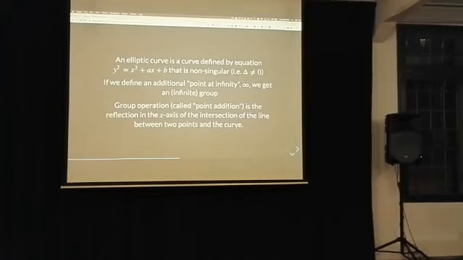Graphically it means that there are no weird points that are not smooth, i.e. not differentiable.